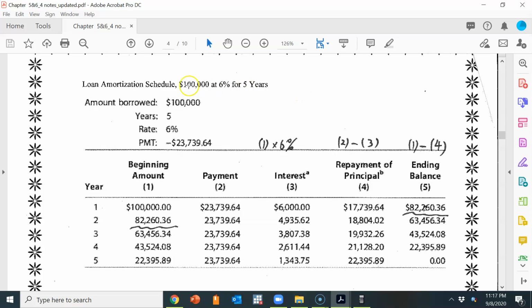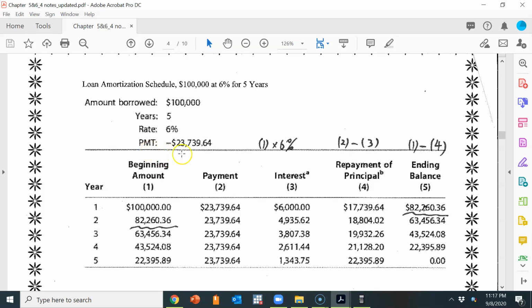Let's look at the condition again. This is the same as the example we listed on the last page. This is an amortization loan again, a 100,000 loan in the beginning, and we have a 6% interest rate. We have 5 years, and again, we can use the financial calculator to calculate that.